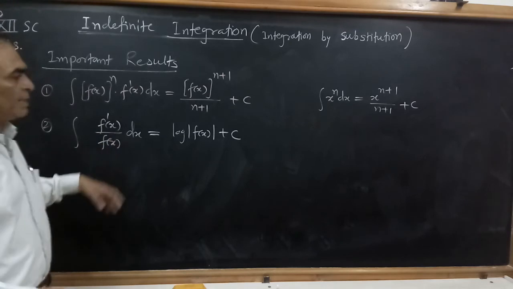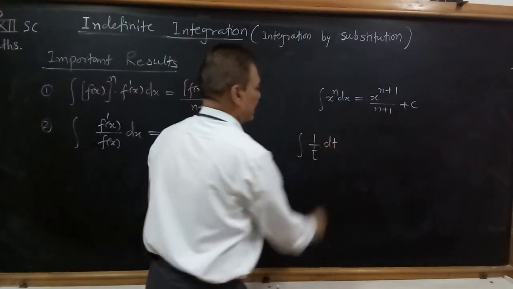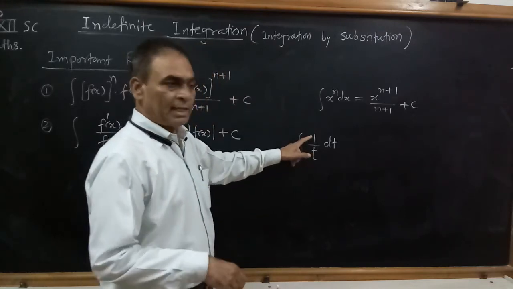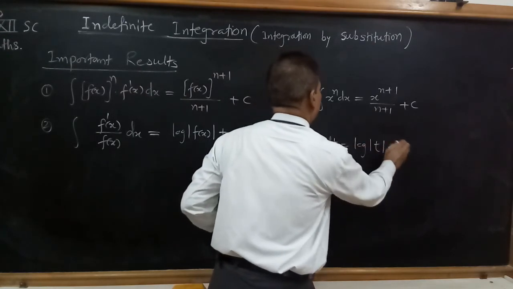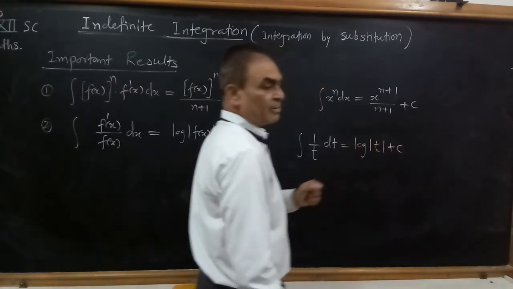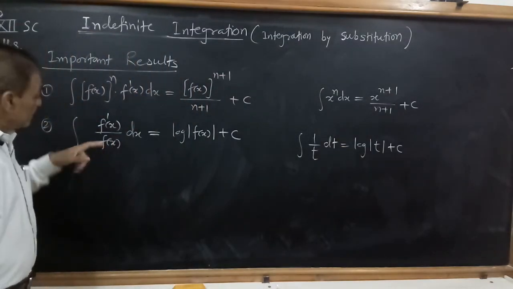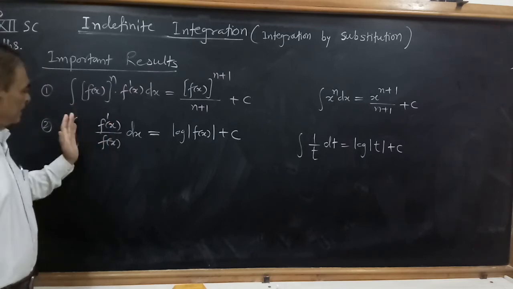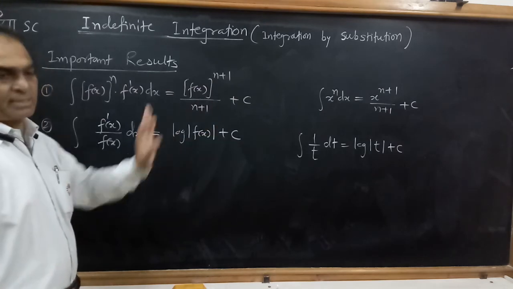Every time you will get 1 upon t dt. What is the derivative of t? 1 is our numerator. Therefore, integration of this quantity is nothing but log of mod of t plus c, meaning log of mod of the denominator. So in your problem, if the derivative of the denominator is our numerator, then the integration of that quantity is nothing but log of mod of denominator plus c.